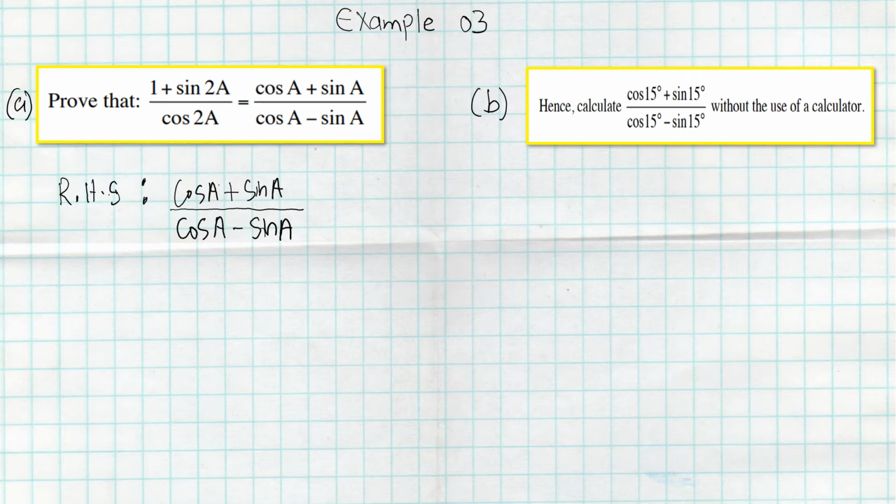I just have cos A plus sine A, cos A minus sine A. What can I do more? You see? So in such cases, you must think of rationalizing probably the denominator, or you can choose to rationalize the numerator, right? Okay, so we use this method called rationalizing.